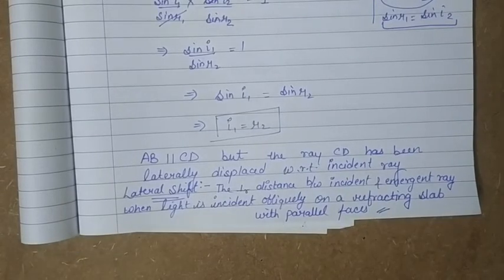So lateral shift is the perpendicular distance between incident ray and emergent ray when light is incident obliquely on a refracting glass slab with parallel faces.